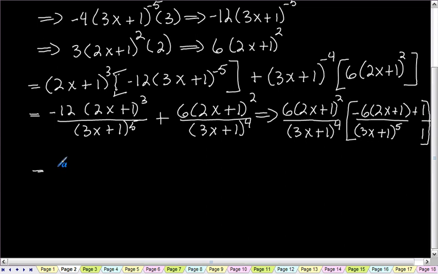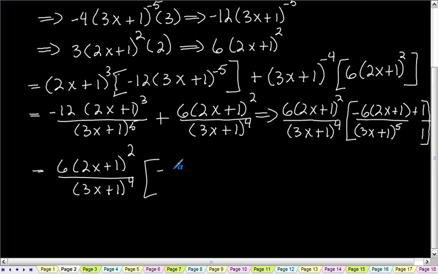Final answer would be 6 times (2x plus 1) raised to the second over (3x plus 1) raised to the fourth power, times minus 12x minus 6 over (3x plus 1), plus 1.